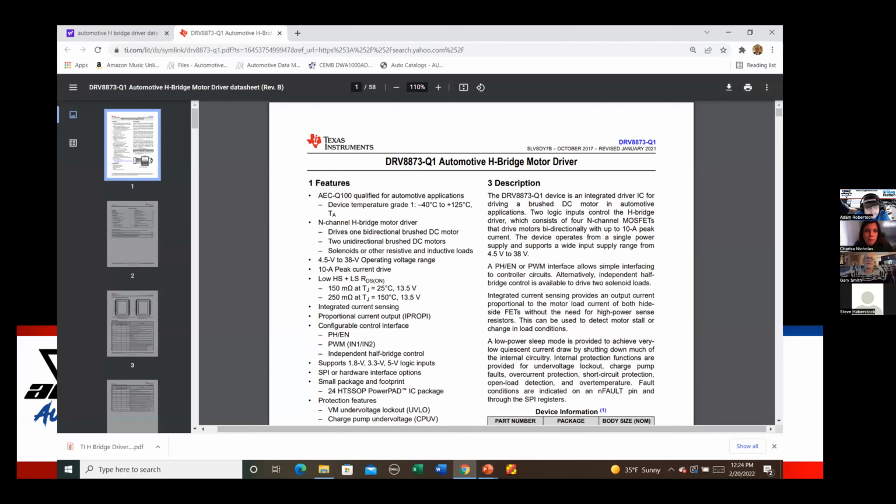Now let's take a look at something here. This is the outside of the box piece I wanted to talk to you guys about today. What we're looking at here is a driver from Texas Instruments, obviously, and you'll notice up here it says automotive H-bridge motor driver.